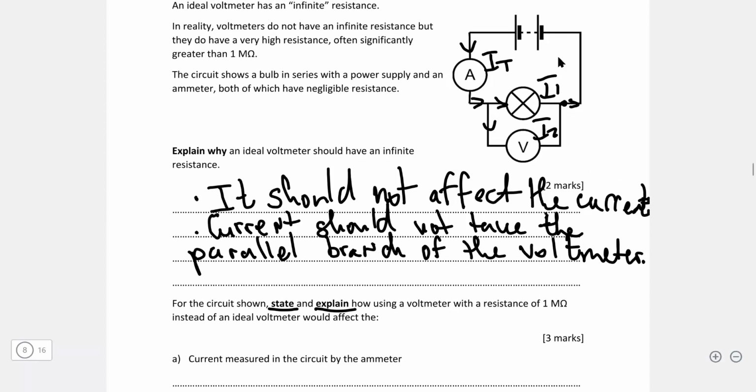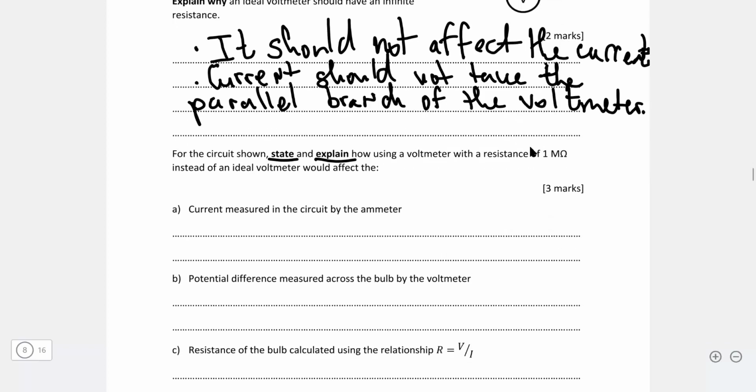So if it's just the bulb with no current going through the voltmeter, we're going to get a certain reading. However, if we were to add more things in parallel, this means that we need to draw more current. Therefore, the current through the ammeter will increase because we'll no longer be providing just current for the bulb, but also current for the voltmeter.